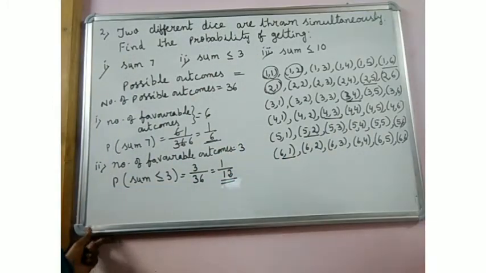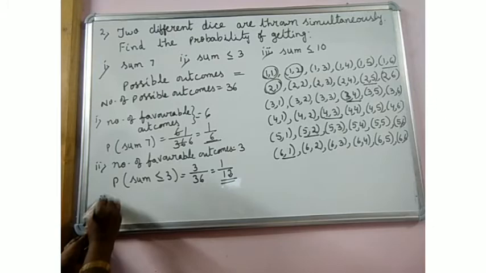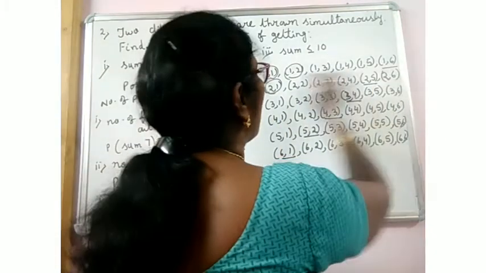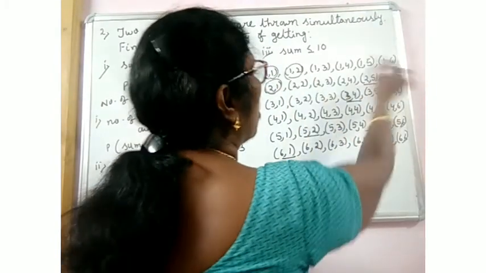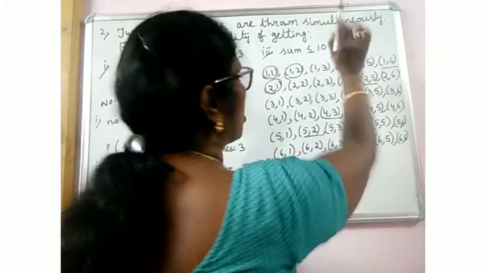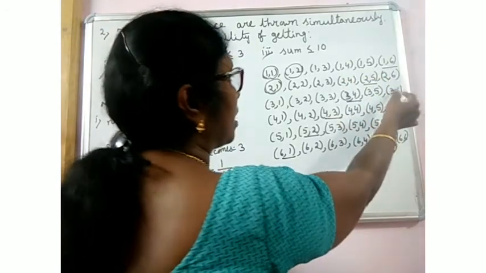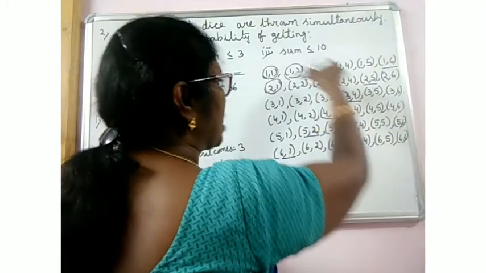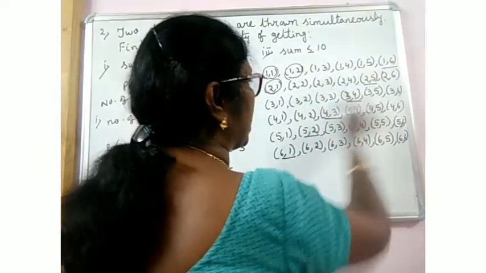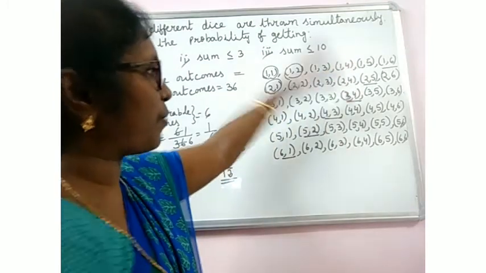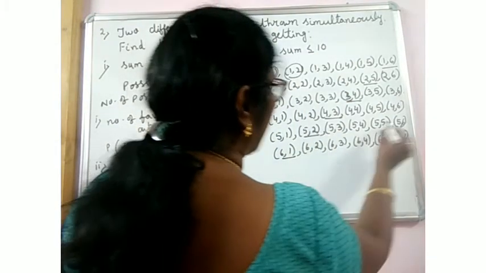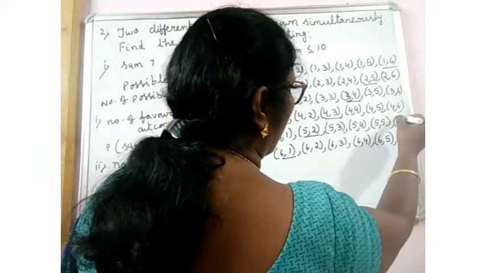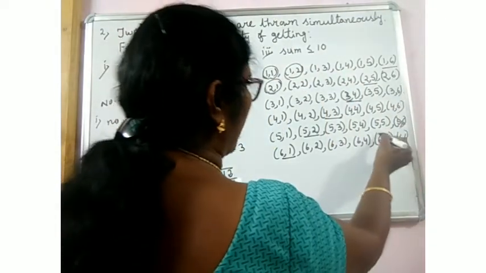And the third one is, sum less than or equal to 10. You see, children, starting with 1, all are less than 10. 2 plus 6 is 8, 3 plus 6 is 9, 4 plus 6 is equal to 10. That means in all these rows, 6 times 4, 24 will be favorable. And 5 6 is not favorable, we can cross this one. 6 5 also becomes 11.